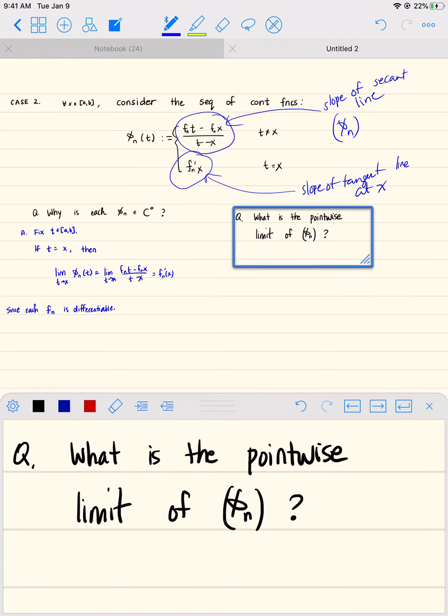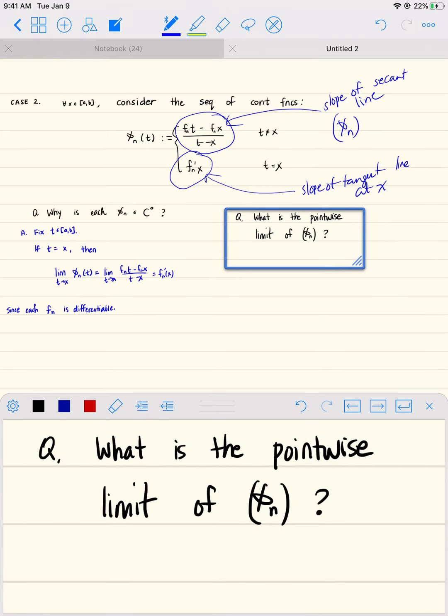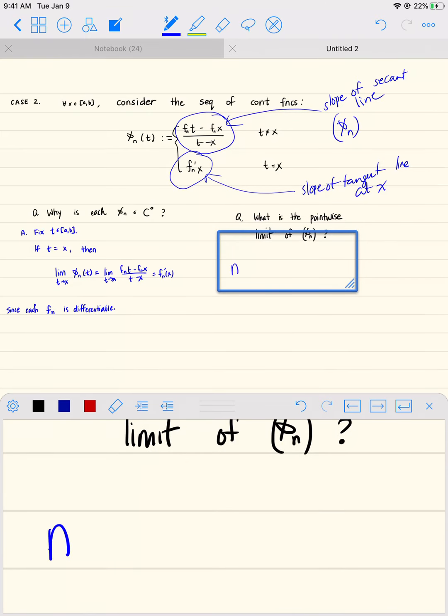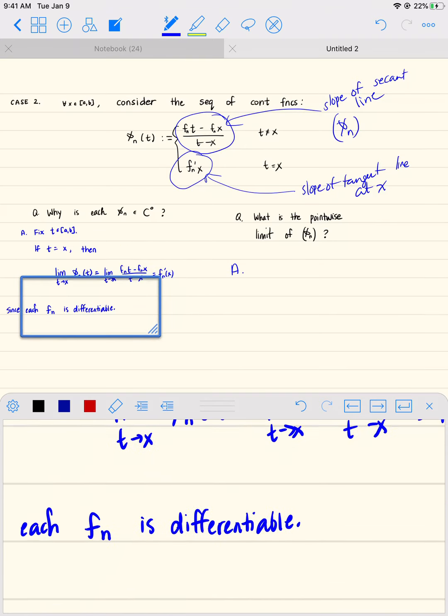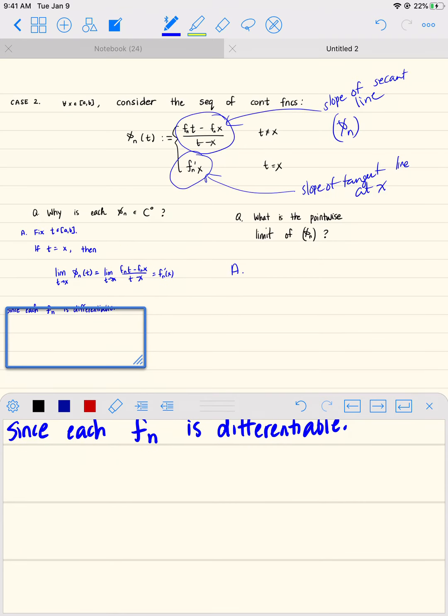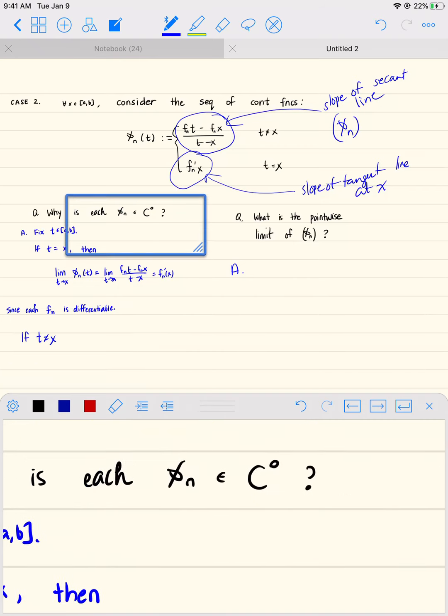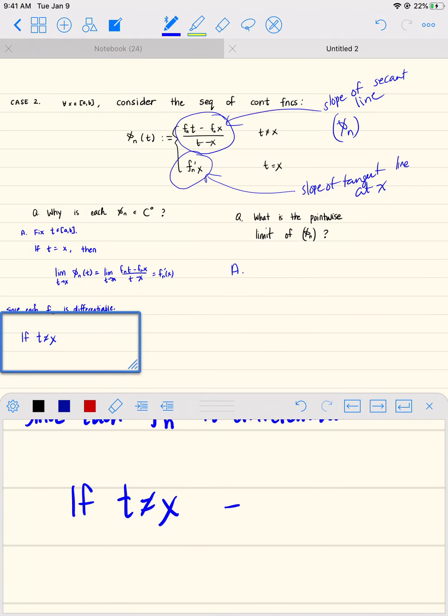Second question, what is the pointwise limit of our sequence? Answer, well, oh wait, did I finish up over here? So I said if t is equal to x, then we've got this. What about if t is not equal to x? If t is not equal to x, we're trying to show that phi sub n is still continuous at t.